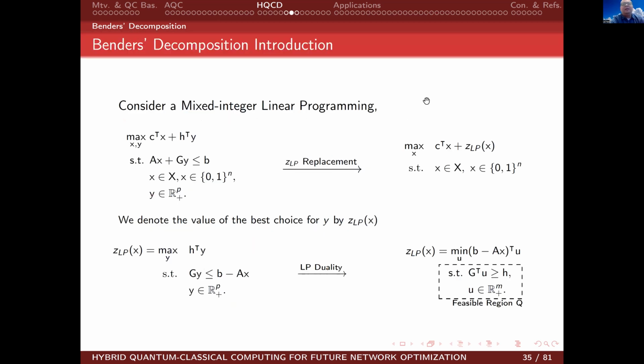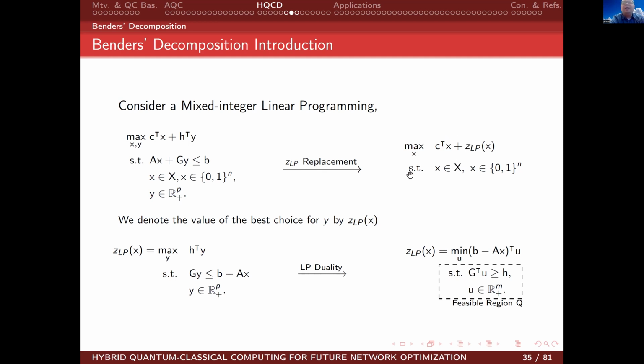Here we can see that the left part is the original mixed integer linear programming problem, and we want to divide it into the master problem and the subproblem. In the master problem, we use z_LP to represent the optimal value function of the subproblem, the h^T y part.